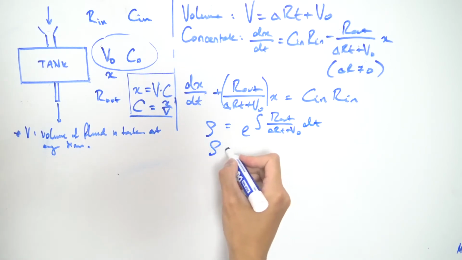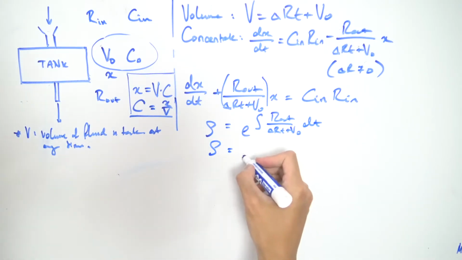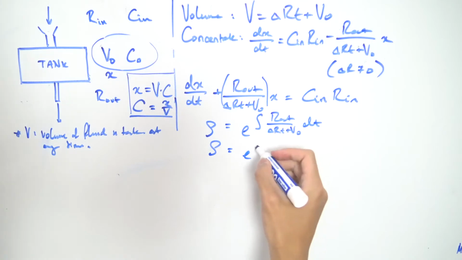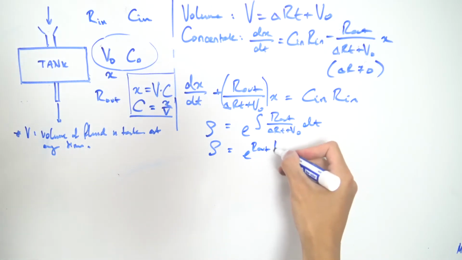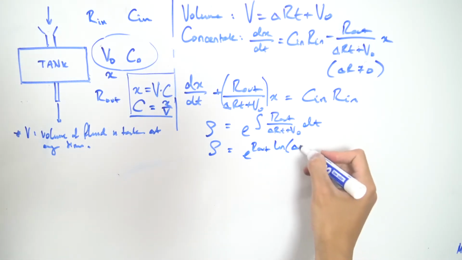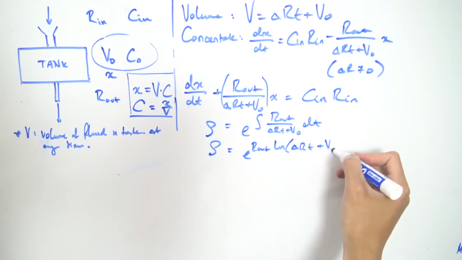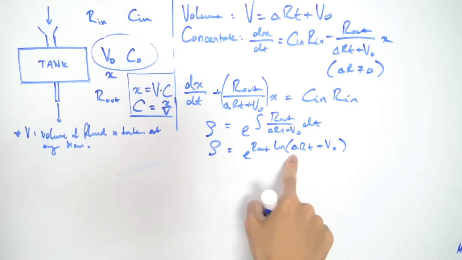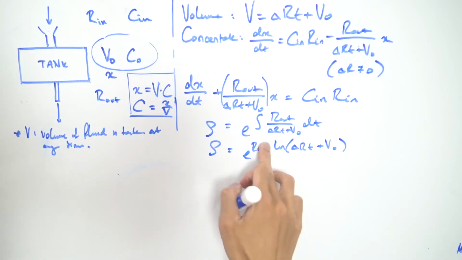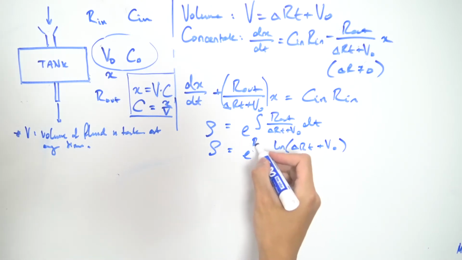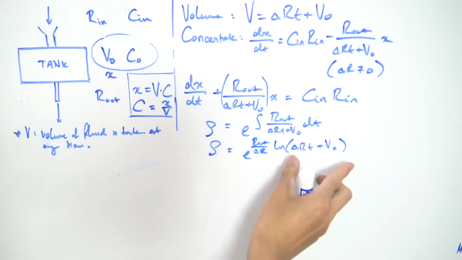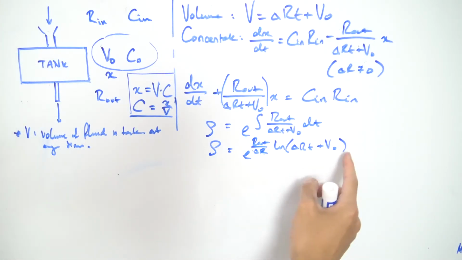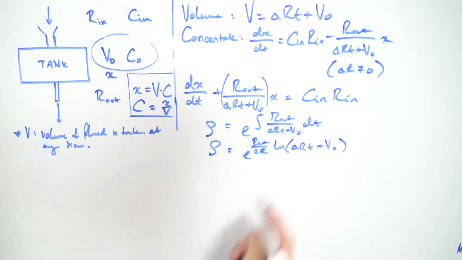So our integrating factor rho is equal to e, and now integrating this, that's not too bad. We have the R out constant that can jump out of the integral, and integrating this, that's just going to give us the natural log of delta R times T plus V naught, but we also have to divide by the derivative of the inside, which happens to be delta R. So we have R out divided by delta R. And notice I didn't include absolute values over here because I'm going to assume that everything in here is positive.